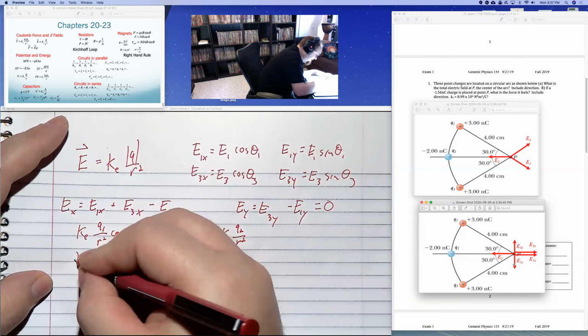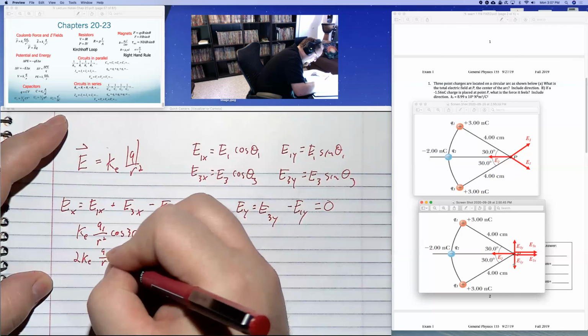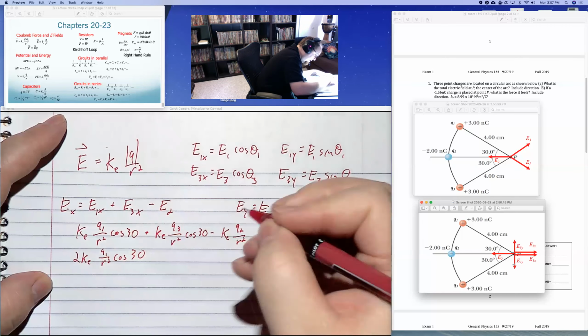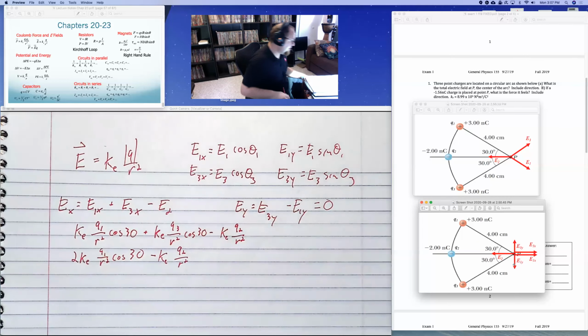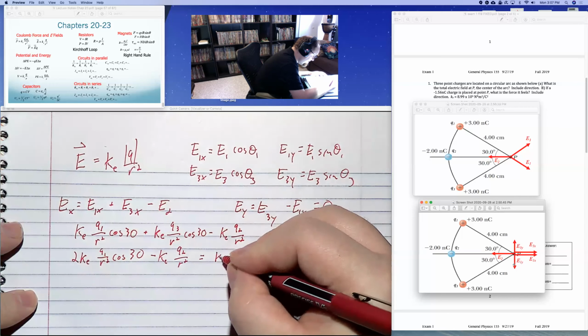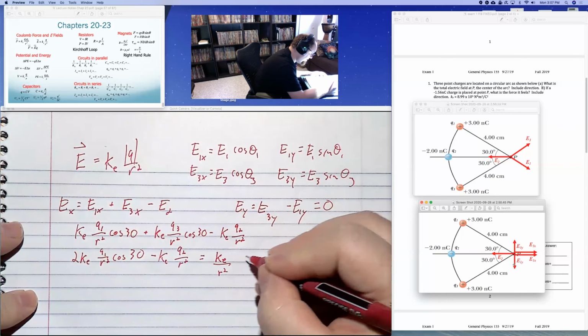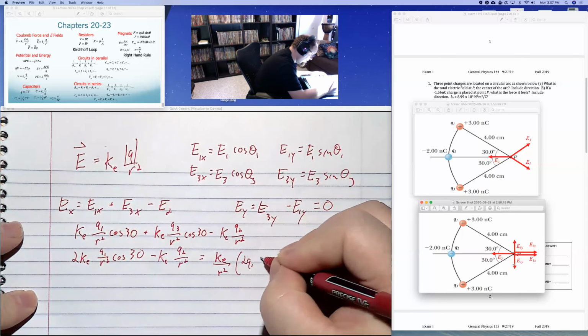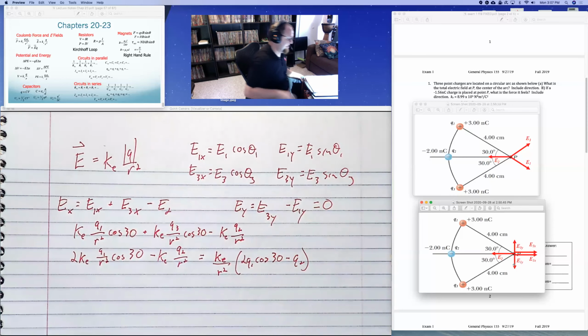So I could simplify this to be 2keQ1 over R squared cosine 30 minus keQ2 over R squared. If I wanted to simplify this, I could and say it's ke over R squared times (2Q1 cosine 30 minus Q2). You don't need to do that step, but I like to simplify things.